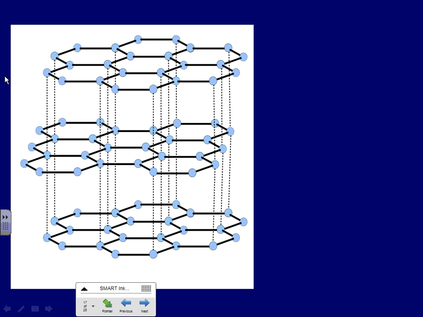It's kind of a neat thing. I started to work on stuff like this in my fourth year, and I think if I'd continued and got a master's or even a PhD, I would have been working in surface sciences, and I'll explain why in a moment. Let's talk a little bit about graphite.